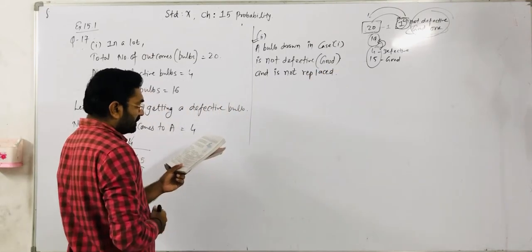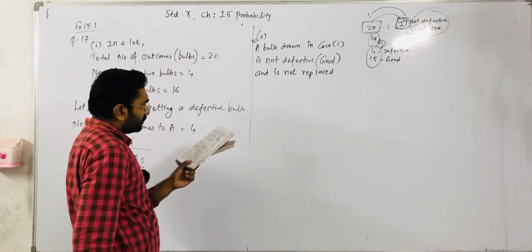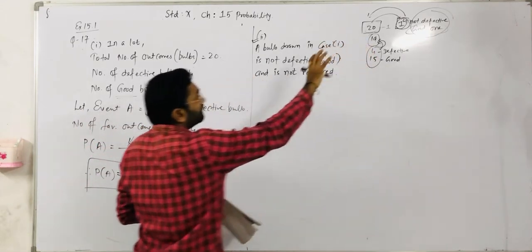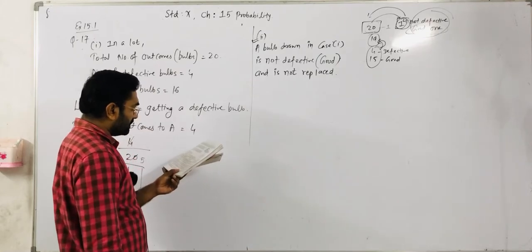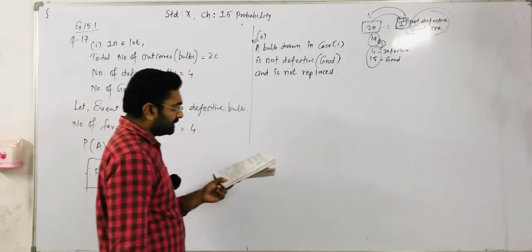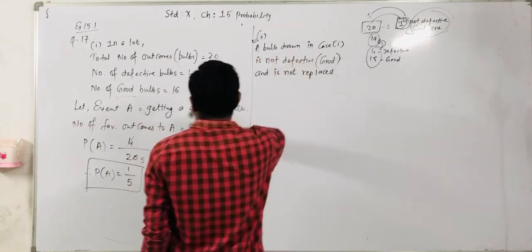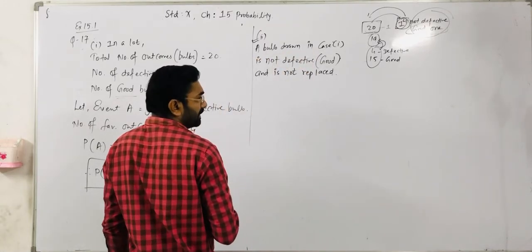Right? So they say now one bulb is drawn at random from the rest. Now whatever the 19 bulbs are, this is the rest. What is the probability that this bulb is not defective? So first of all, after the first case, how many bulbs are remaining? That thing I mentioned here.